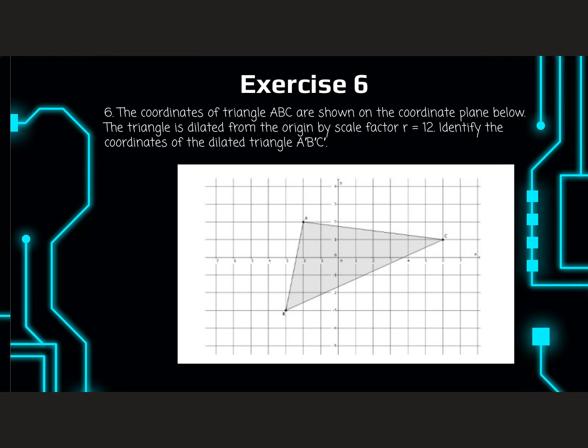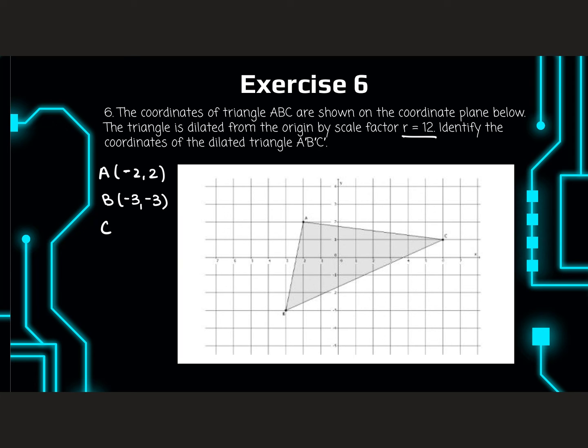All right, so looking at exercise 6, it says the coordinates of triangle ABC are shown on the coordinate plane below. The triangle is dilated from the origin by a scale factor of 12. Identify the coordinates of the triangle A prime, B prime, C prime. First, let's look at the original coordinates, so our pre-image. So we have A is (-2, 2). We have B, (-3, -3).